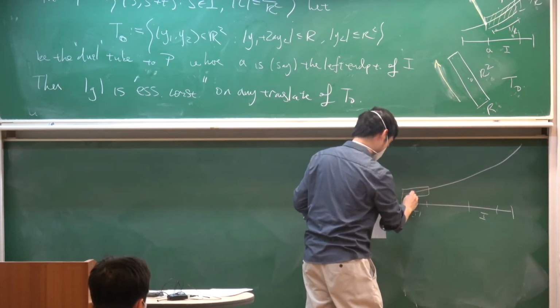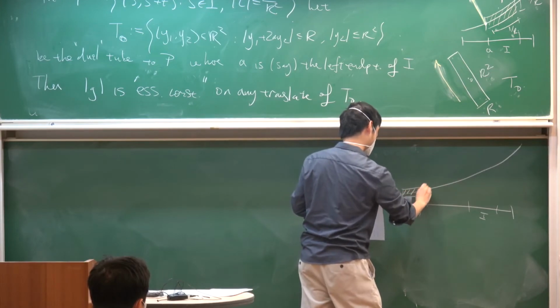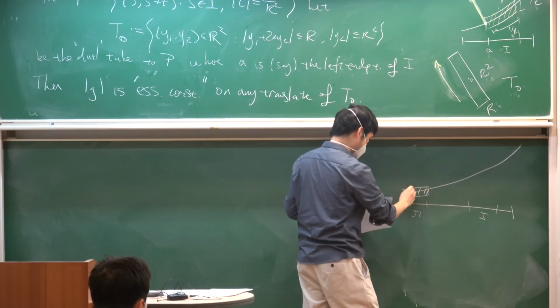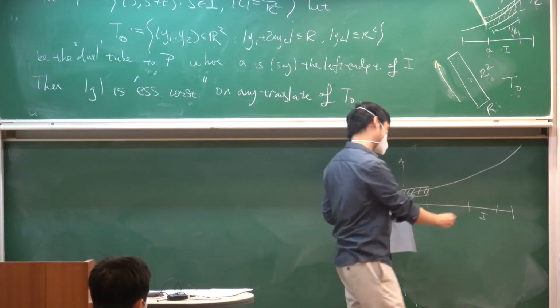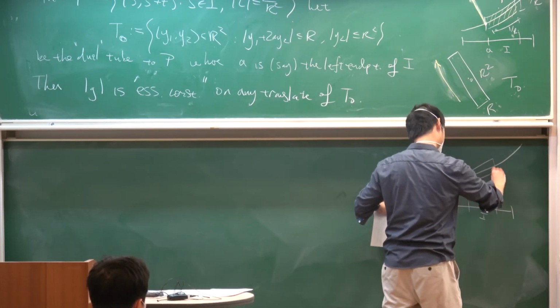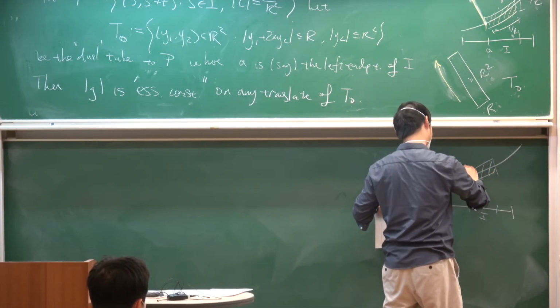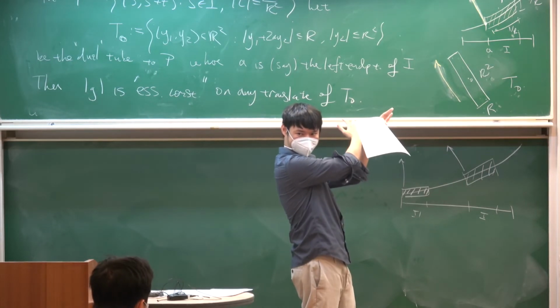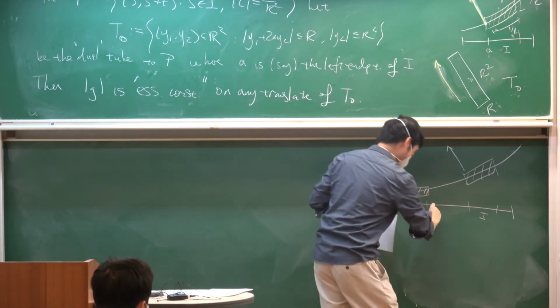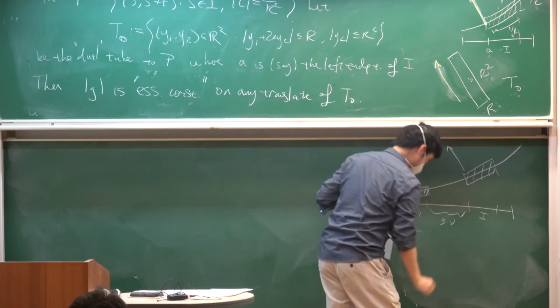Here's theta I prime. And associated to theta I prime, the left-hand point gives a vertical direction. And here's theta I. And the left-hand point gives a direction that's pointing at a different angle. And we know that this length is at least nu.